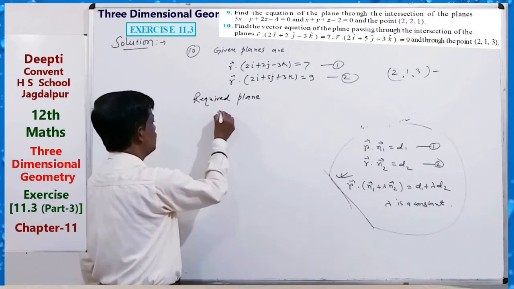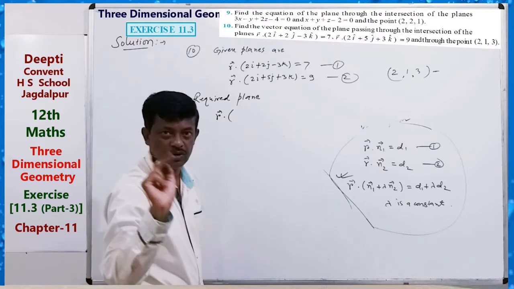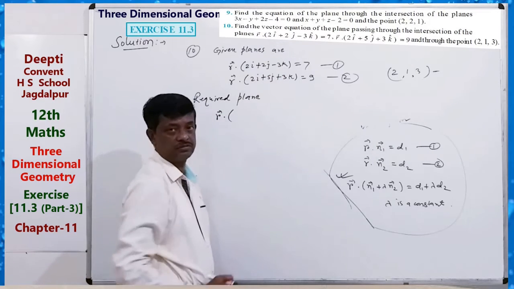So r dot, here vector n1 is this and vector n2 is this.